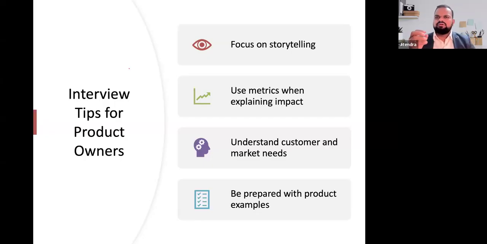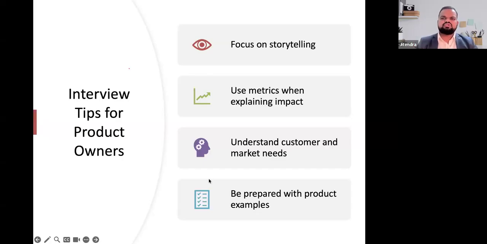So you need to develop a style which is storytelling. Whenever any specific question is asked, relate it with your current project. Say, yes, in my current product, what I am working on, talk about certain functionality, a specific use case of it. Once you talk with an example, the interviewer will be able to relate with your answer in a much better way.